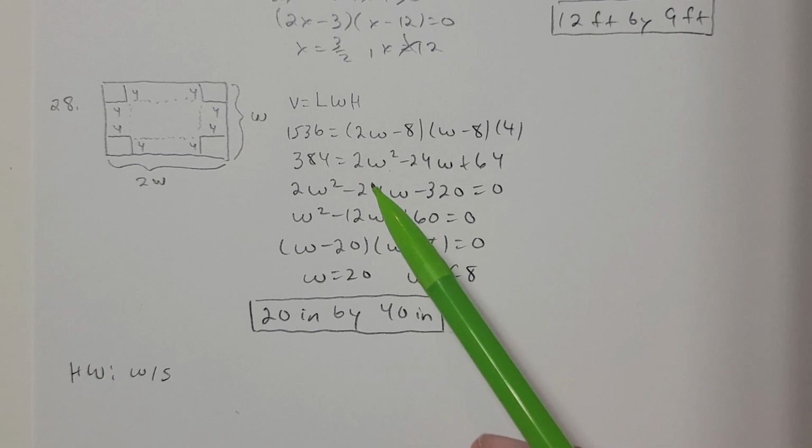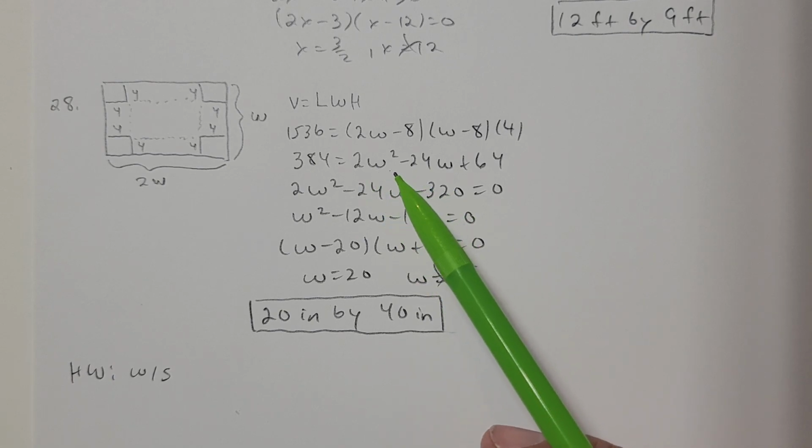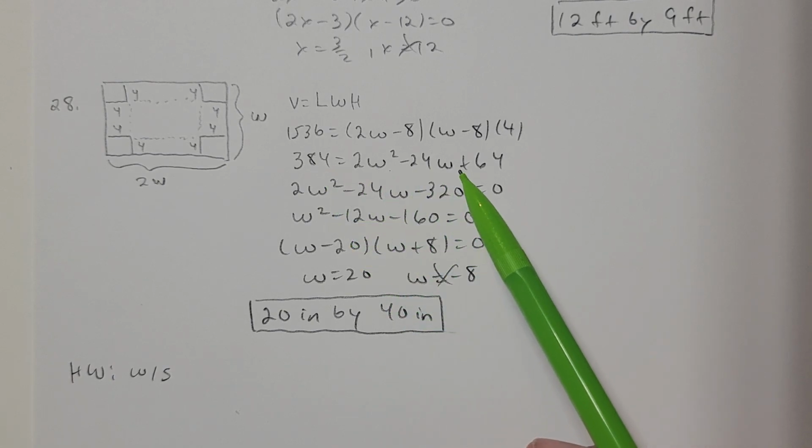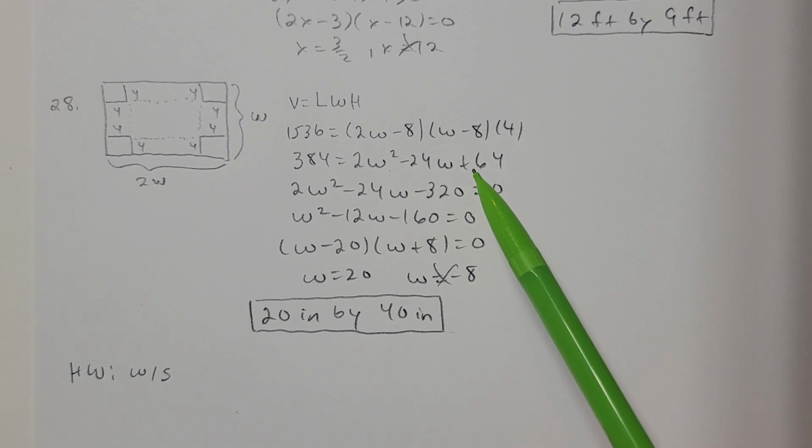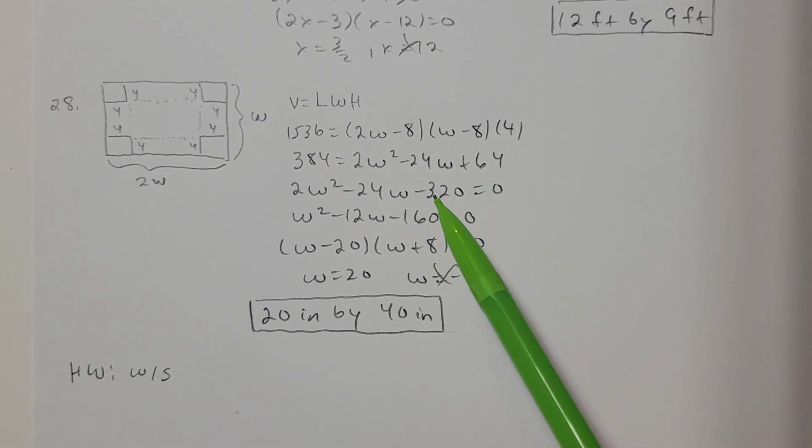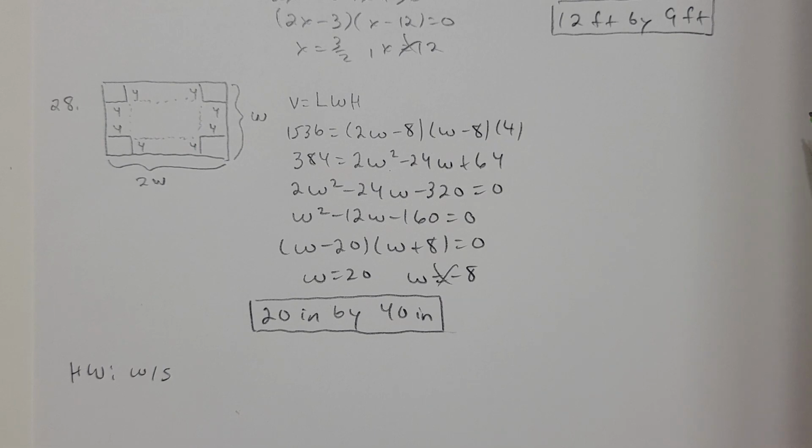Let me get all the terms onto one side here. So if I subtract 384, 64 minus 384 is negative 320. So I get this equation: 2W squared minus 24W minus 320 equals 0.